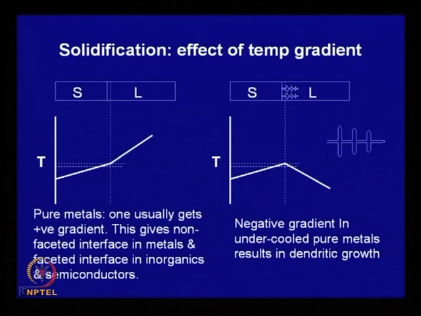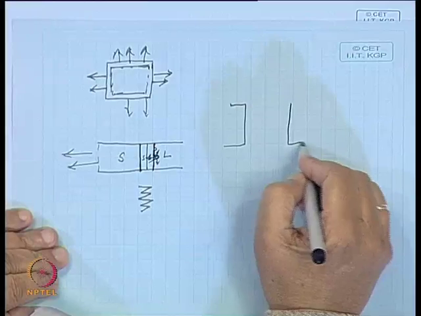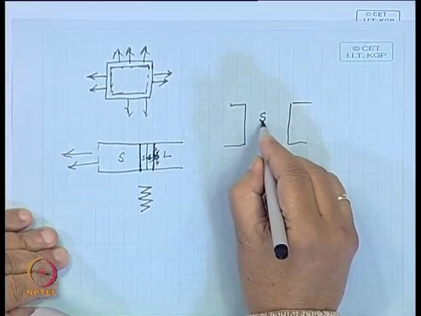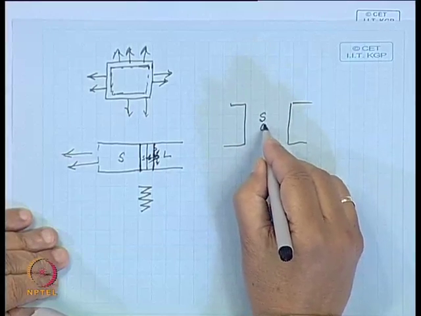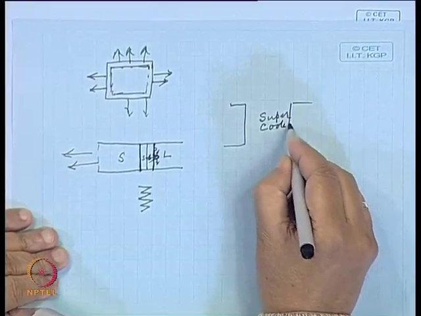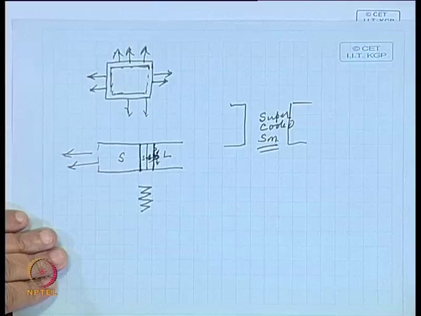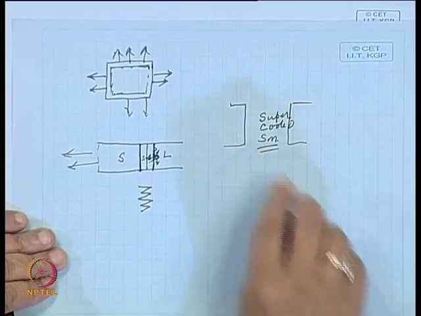Now, it is also possible to maintain a negative gradient of this type as well, which is a little difficult. You can visualize, suppose in a mold, you have supercooled, let us say, tin. For solidification, it is necessary to have some amount of supercooling.